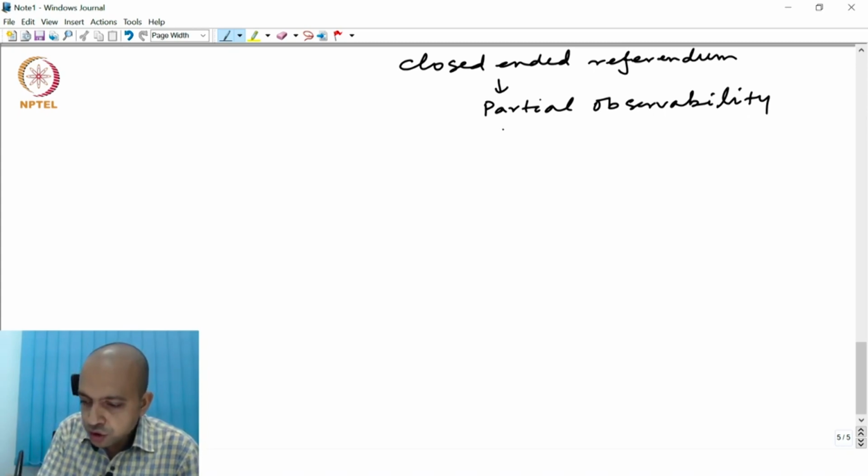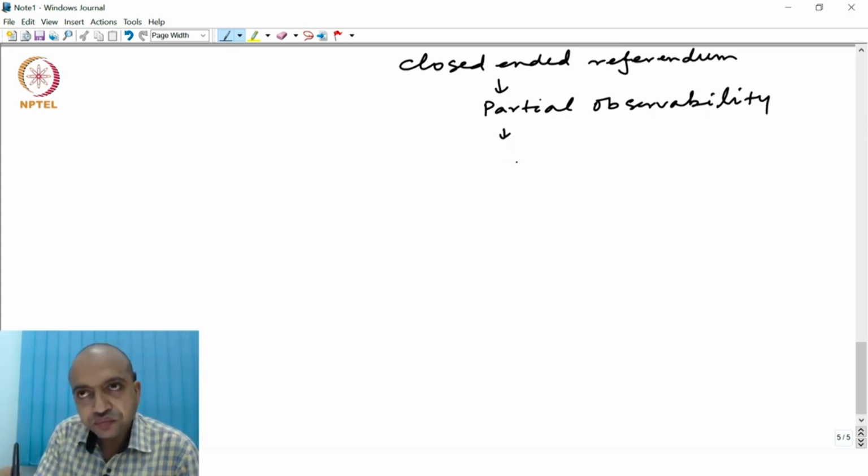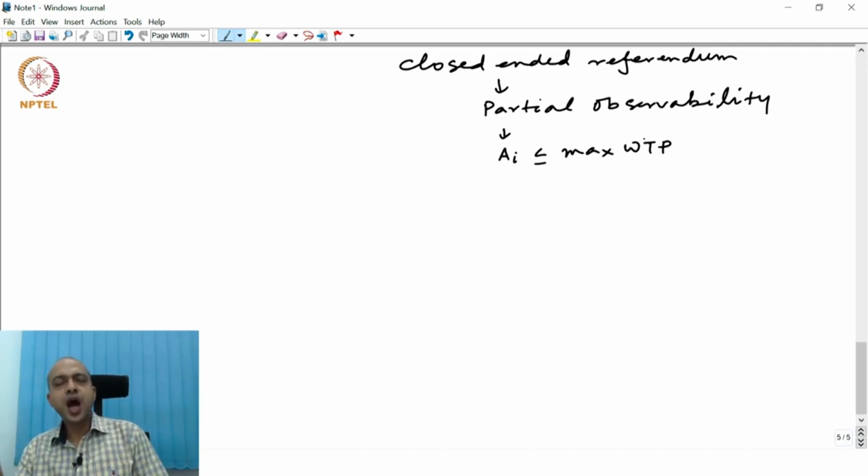Because your willingness to pay is the amount for which you are asking the respondent, this A_i, is less than or equal to the maximum willingness to pay. So I am asking the respondent, are you willing to pay 100 rupees for this particular change in the quality of the environment? If the respondent says yes, the story ends there. I will just note down his response, and the story ends there in this closed-ended referendum. But the respondent might have been ready to pay even higher than 100 rupees. That I am not able to capture. Because of that, the closed-ended referendum suffers from this partial observability problem.